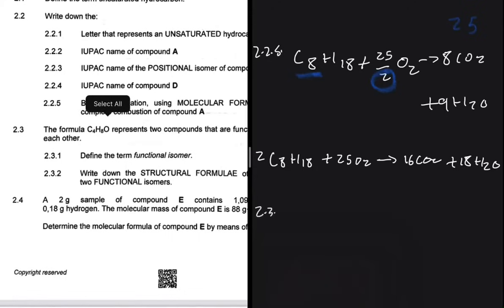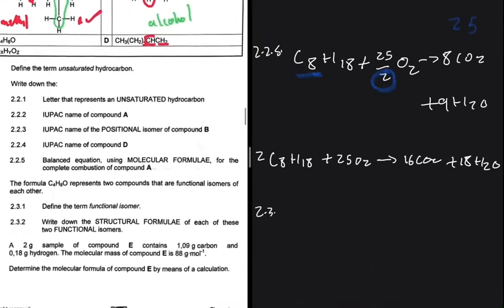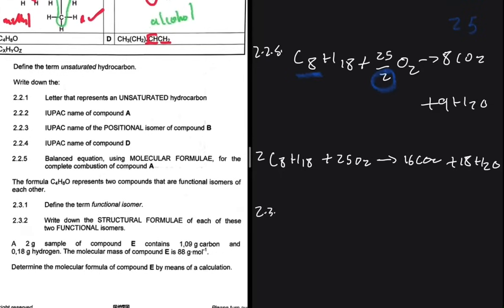Let's move to 2.3. The formula C4H8O represents two compounds that are functional isomers of each other. And then 2.3.1 is supposed to define the term functional isomer. So the same molecular formula but different functional group. And then in 2.3.2, let's write down the structural formula of each of these two functional isomers.